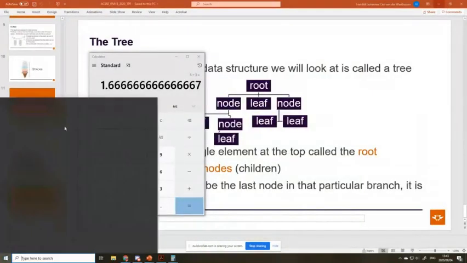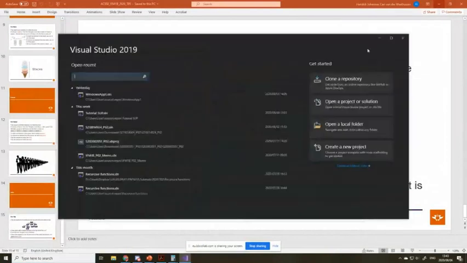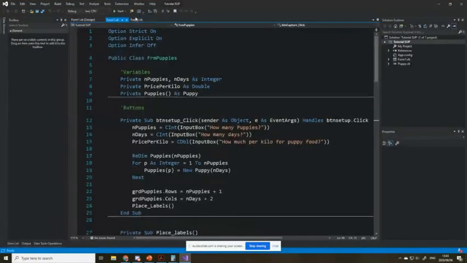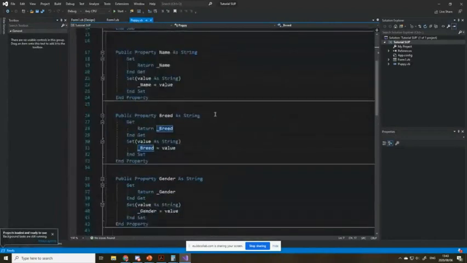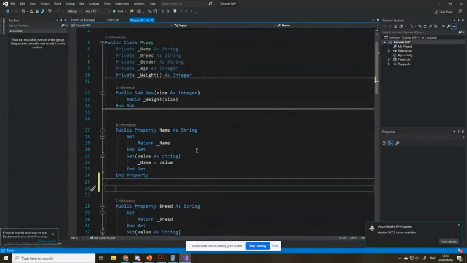Let's open up VB. Let's see. We can use this example. So I'm just using the puppy example that we used. So what you're referring to is, that public property name is exactly what I'm referring to.